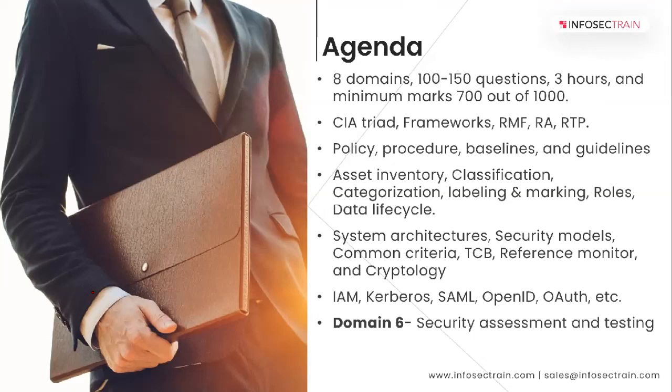Then we talked about frameworks, how they help you bring order to the chaos and think things out clearly before you implement anything in your environment, and how they give you fundamental building blocks on top of which you can add your enterprise security, with which you can integrate your business requirements with your controls.